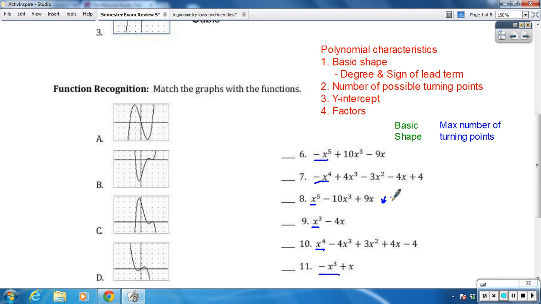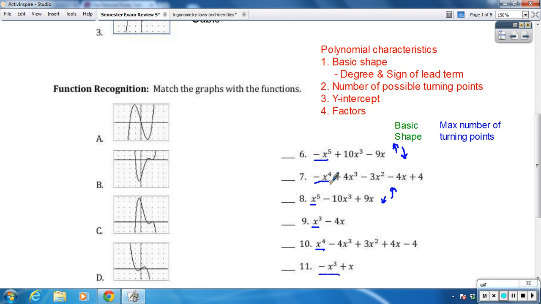So that means from left to right, we're going to see it going from the bottom to the top. Whereas if we have a negative odd degree, we're going to go from the top to the bottom. Think of a linear equation if you're not really sure, because linear is an odd exponent. So positive linears increase from left to right, and negative linears decrease from left to right. So that same holds true for any odd function.